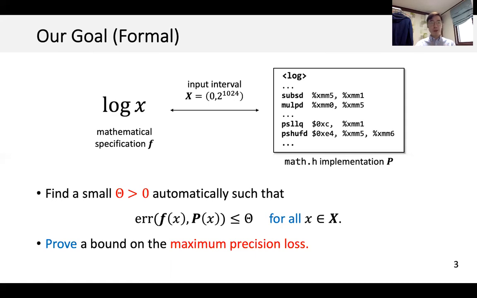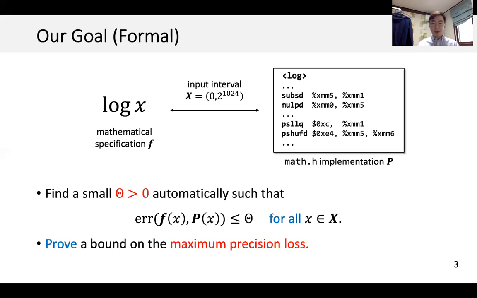Okay, this is the problem that we want to solve. And at least the problem statement looks quite simple, right? But as we solved this problem, we found that it is not that easy.